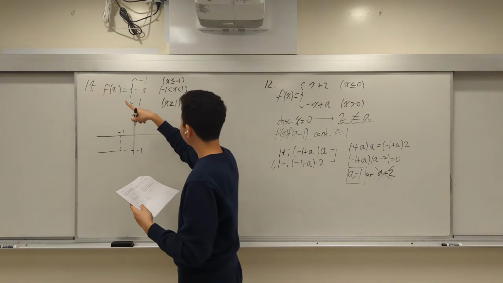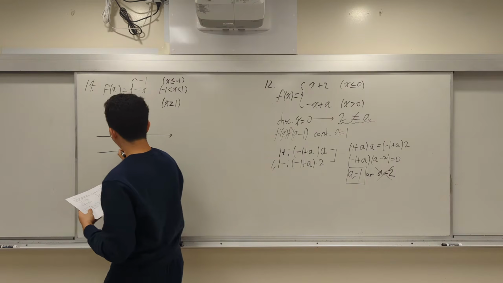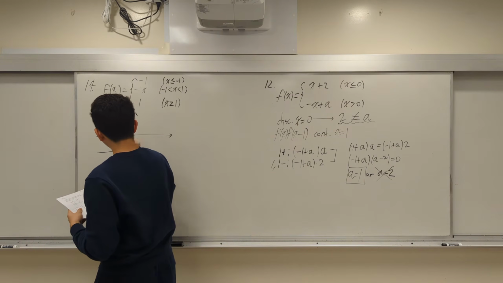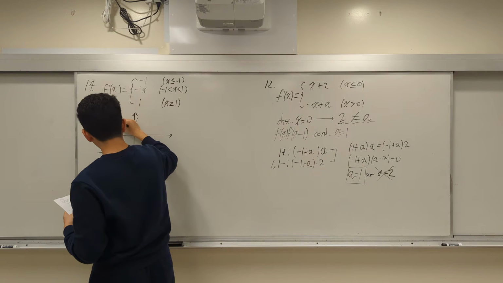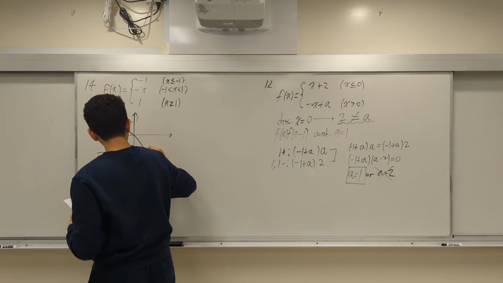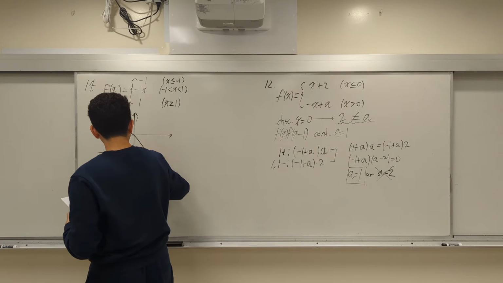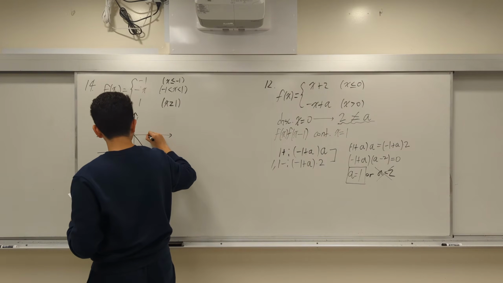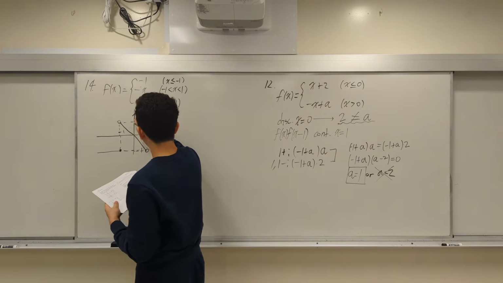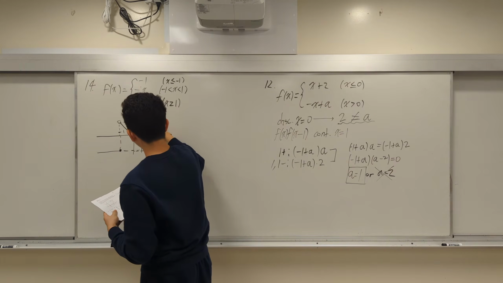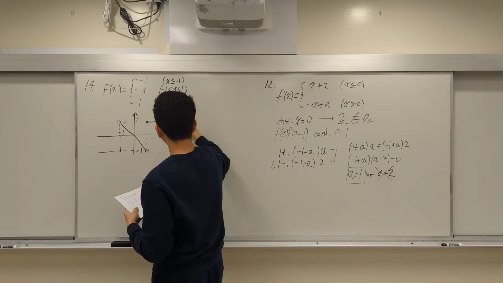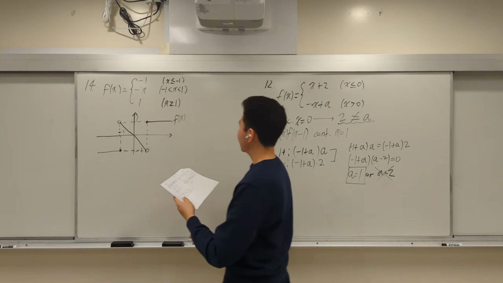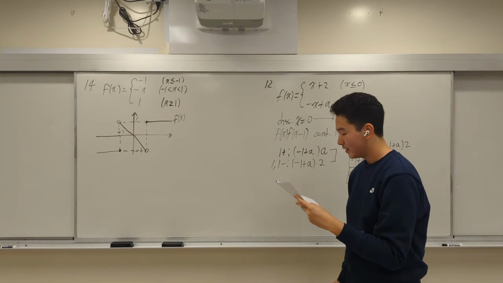And then it's negative x between. So we have a closed hole here and an open hole here, to 1, and then we have a negative x graph until 1 comma negative 1. And then at this point we go to 1 comma 1. We have a closed hole here. And this is the graph of f of x, right? f of x has the shape of that.